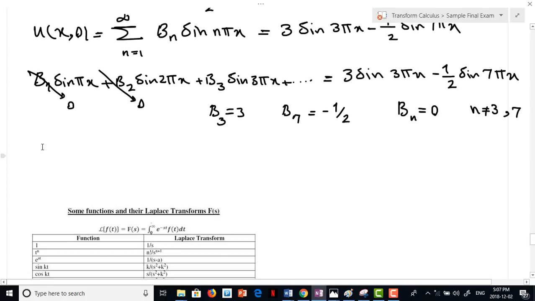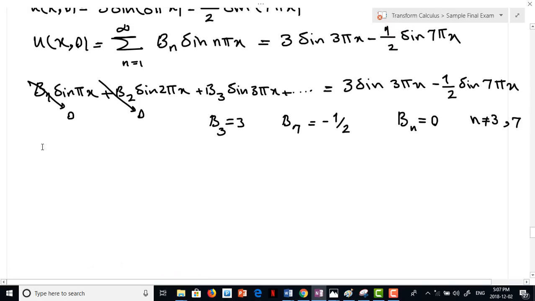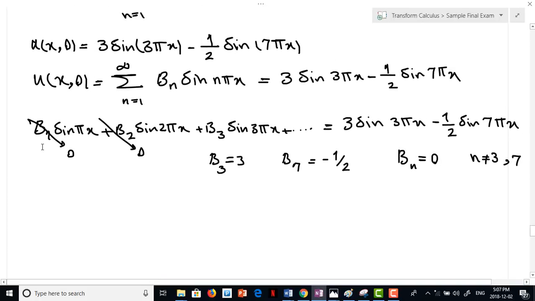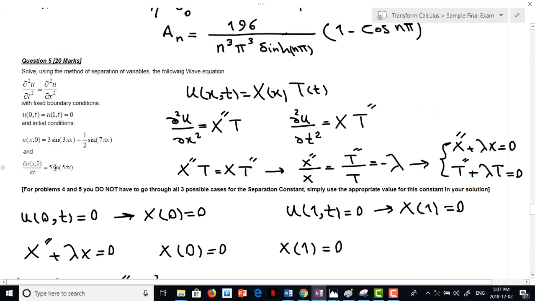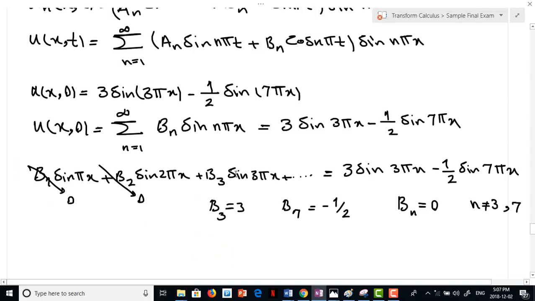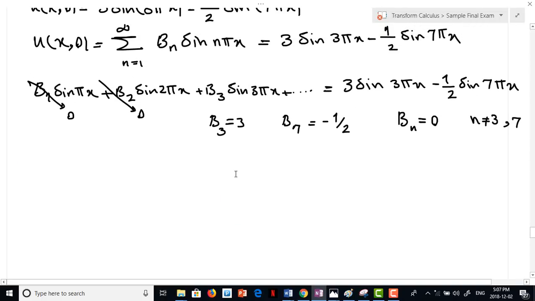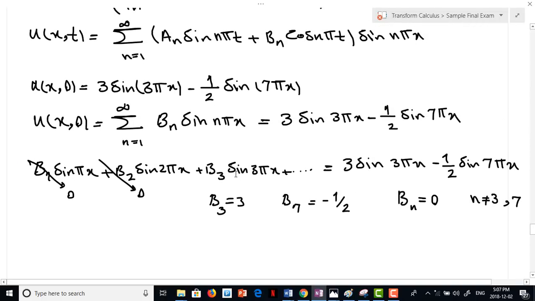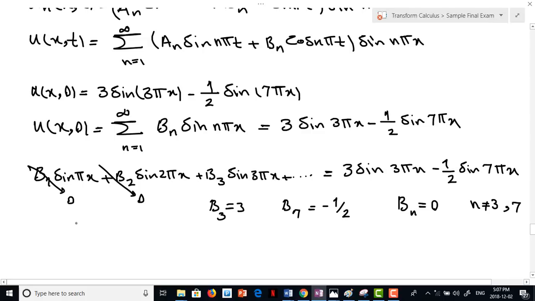Now we have to find an. We have to go through the other initial condition. We have the derivative of u with respect to t at t equal to 0 is equal to 5 sine 5 pi x. So I can find the derivative of u with respect to t.